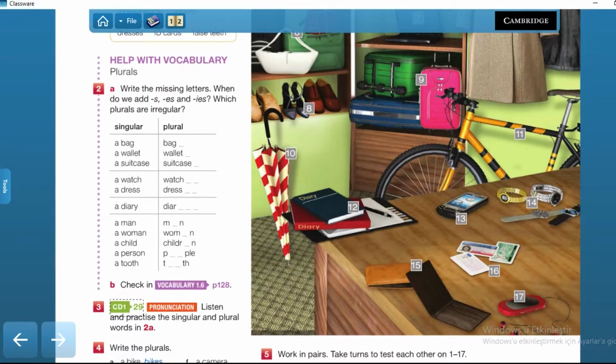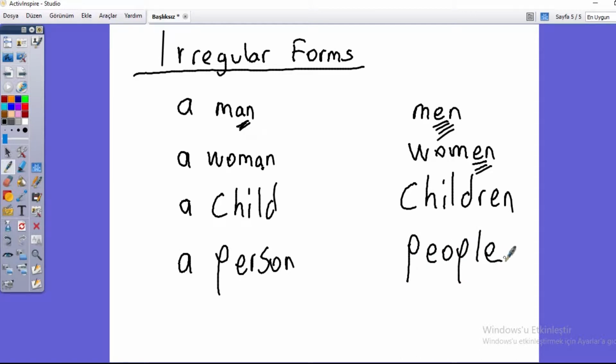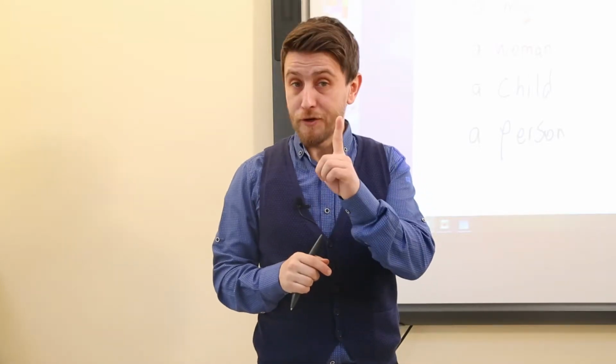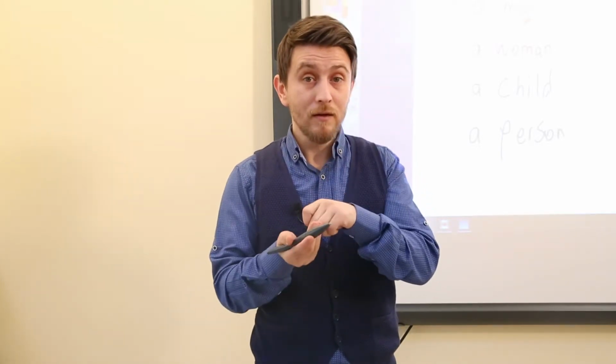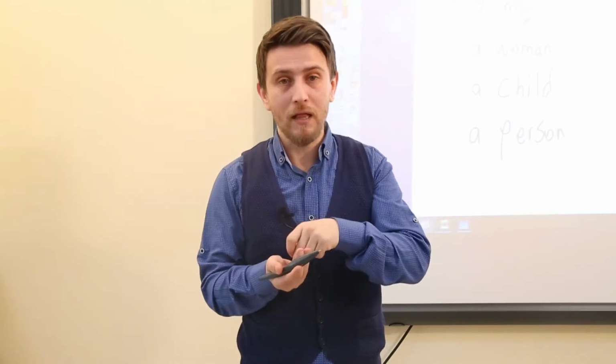We have the next one here, person. A person. The plural form becomes people. Like, there is a person in the class. There are 2 people in the class.